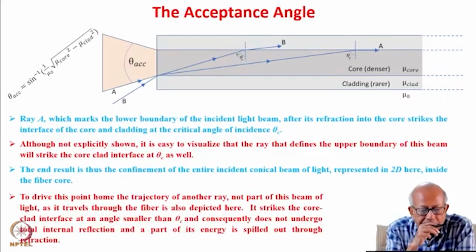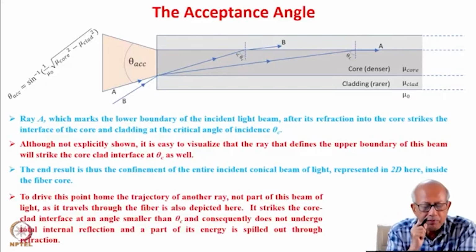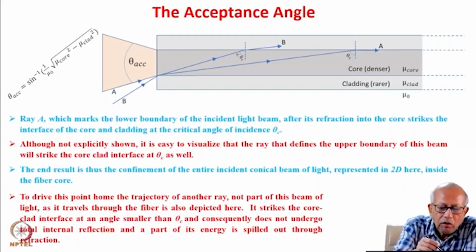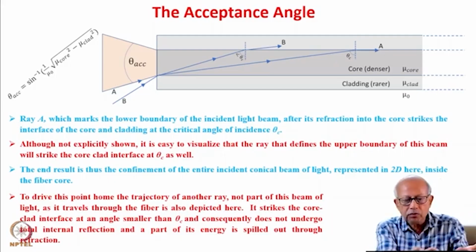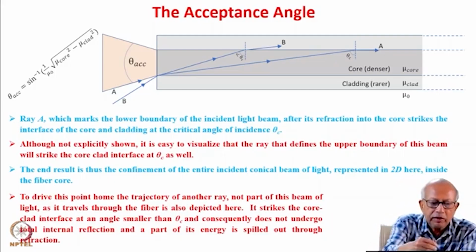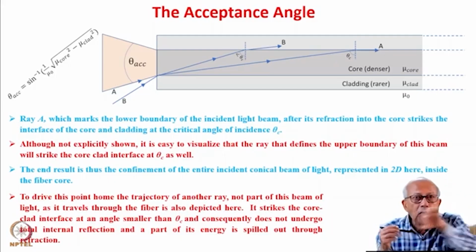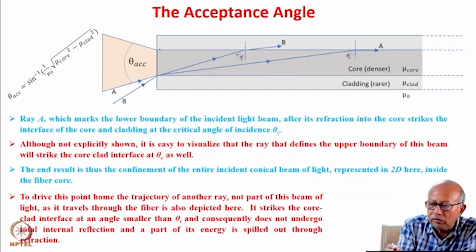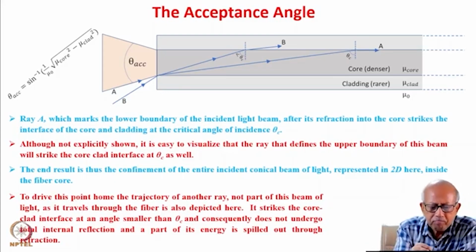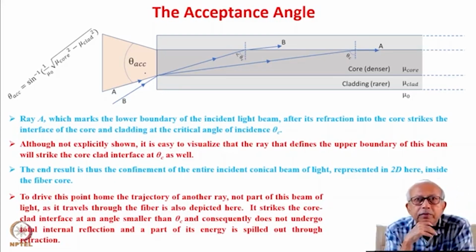Let us consider pumping in the form of a conical beam. This is the conical beam that is shown in 2 dimensions. This drawing is of course in 2 dimensions. Basically in 3 dimensions, this beam is a cone, and it strikes incident on one end of this fiber in the manner as shown here.